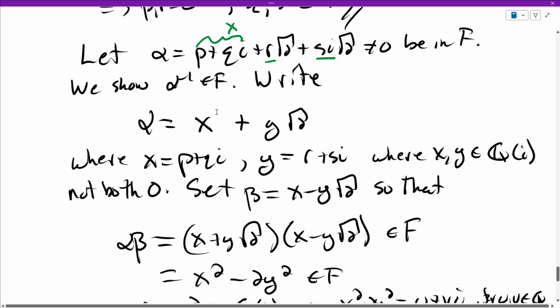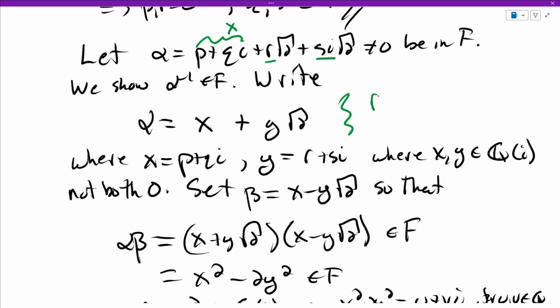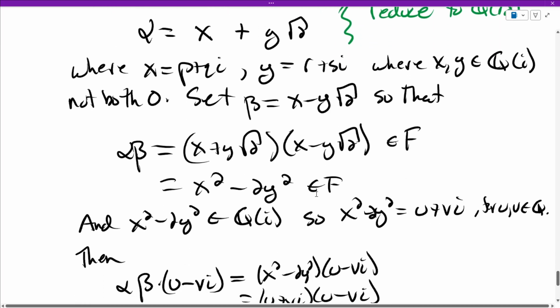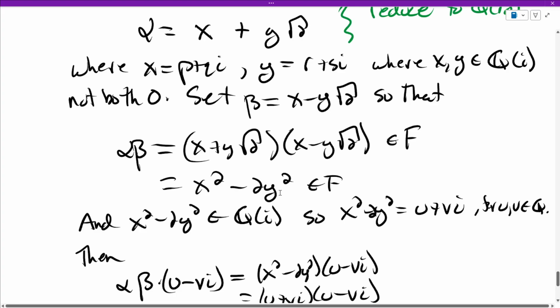And then we do this trick where this is kind of like reducing to the Q adjoin root 2 case. It's not quite reducing to that. And we have an understanding of how you try to compute multiplicative inverses there, namely you multiply by a conjugate expression. But when we do that, we don't land in Q because x and y were Gaussian rationals.